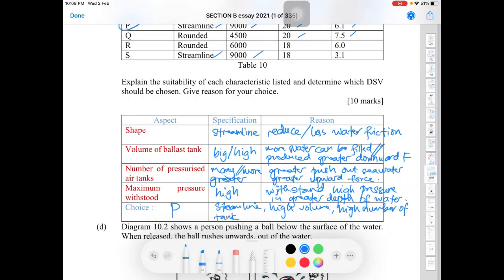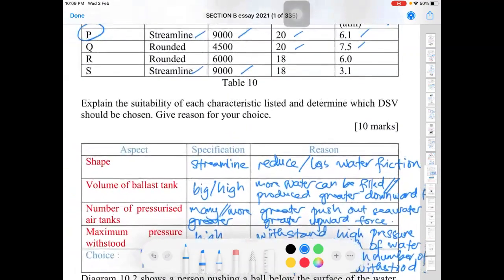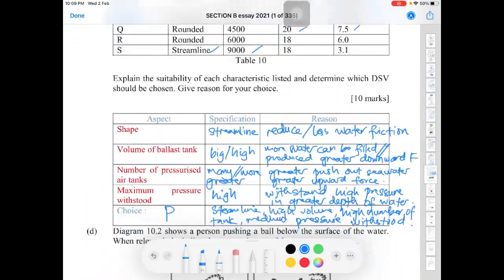Tak lengkap pun tak apa. Tapi ada tank. Lepas tu withstood, okay. So dia bukan greatest, yang paling greatest, no. Dia adalah medium pressure withstood. Okay. Ya, medium. Sebab apa cikgu kata medium? Sebab the highest is Q, tapi kita pilih P. Jadi sebab tu cikgu tulis medium.